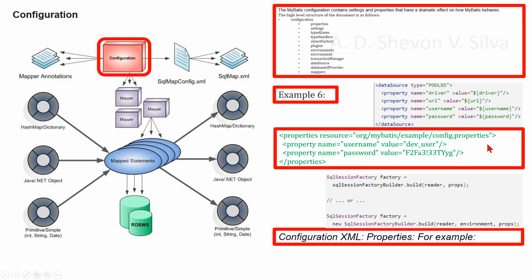Properties passed as a method parameter are read last and override any duplicate properties that may have been loaded from the properties body and the resource or URL attributes. Thus, the highest priority properties are those passed in as a method parameter, followed by resource or URL attributes, and finally the properties specified in the body of the properties element.